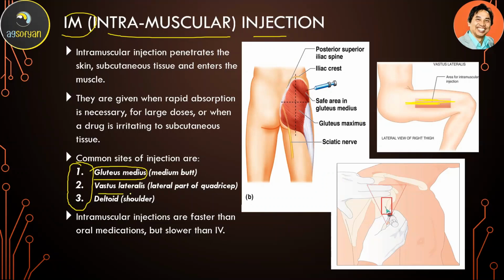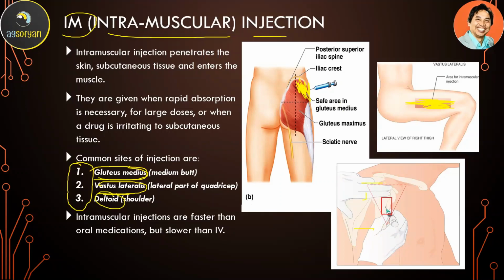The second one is the vastus lateralis, which is part of the quadriceps femoris muscle. And the third is the deltoid, the shoulder muscle.